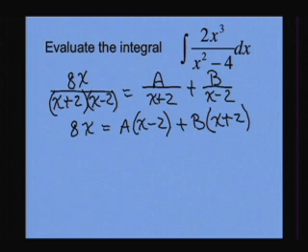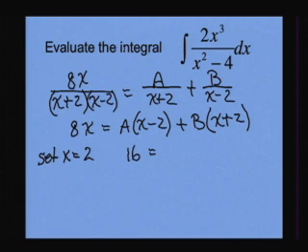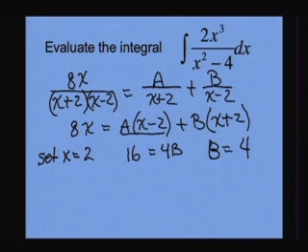And this time, if I set x equal to 2, then I will get 8 times 2, which is 16, equals, and of course, this will be 0 times a for 0, and over here we'll get 4b, so b is equal to 4.